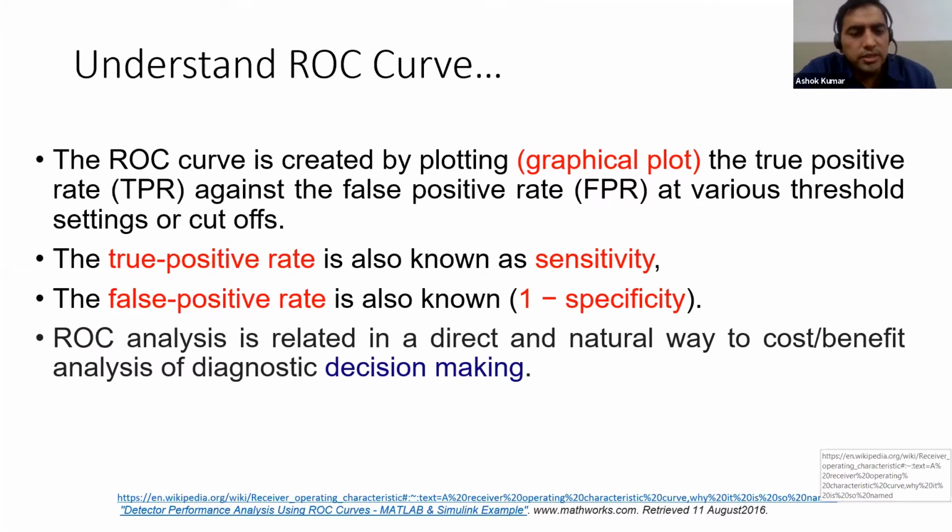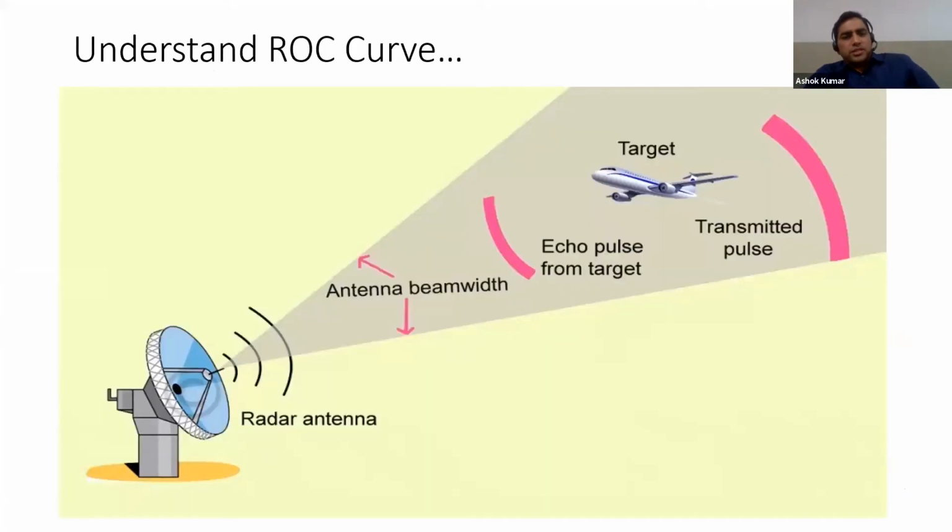ROC analysis is related in a direct and natural way to cost-benefit analysis of diagnostic decision making. We use these in medicine daily, like diagnostic decision making with test kits. So to understand the ROC curve, you have to understand this.